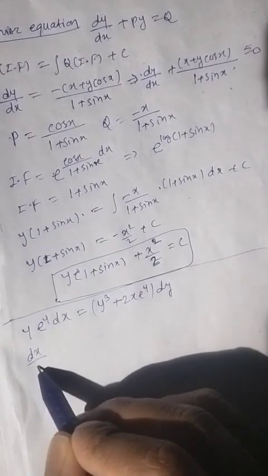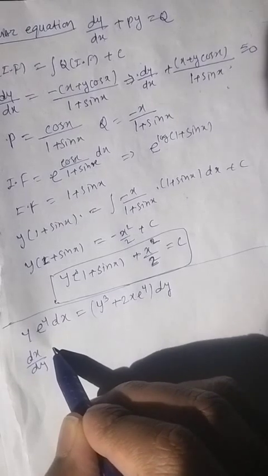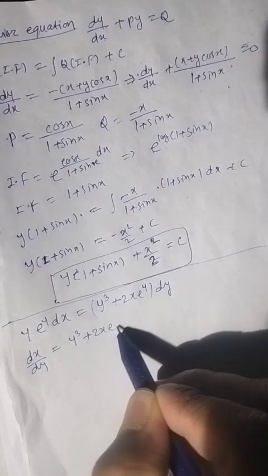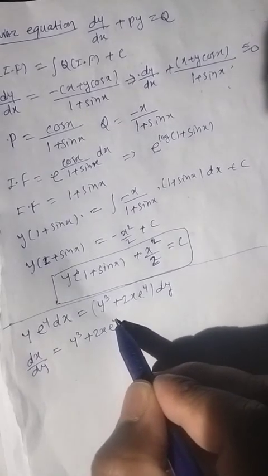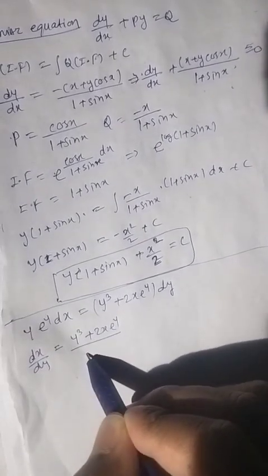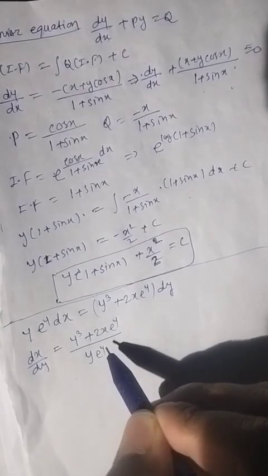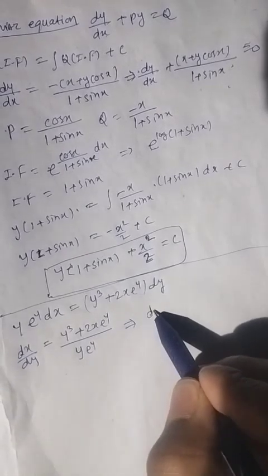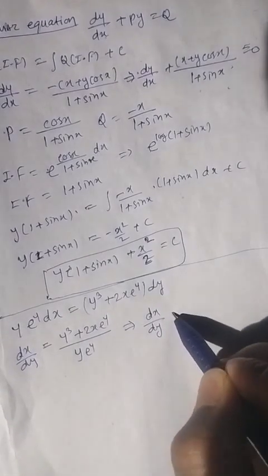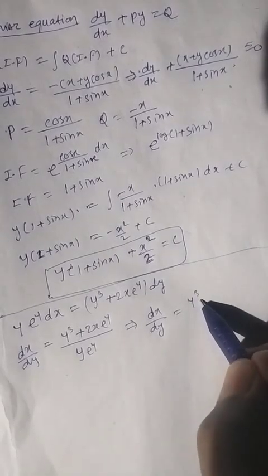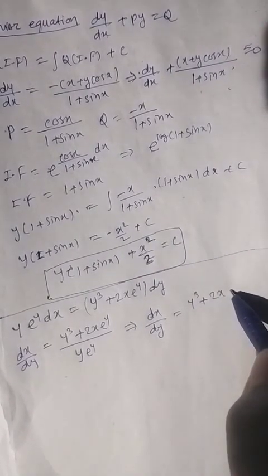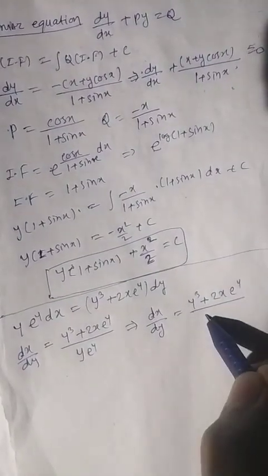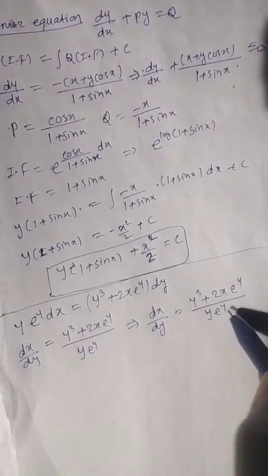So dx by dy equal to y cube plus 2x e raised to y upon y into e raised to y.